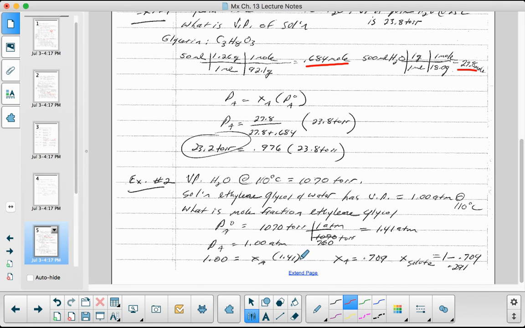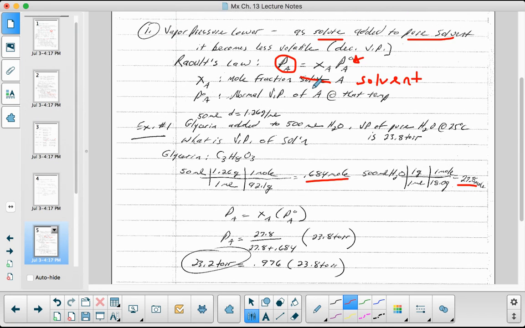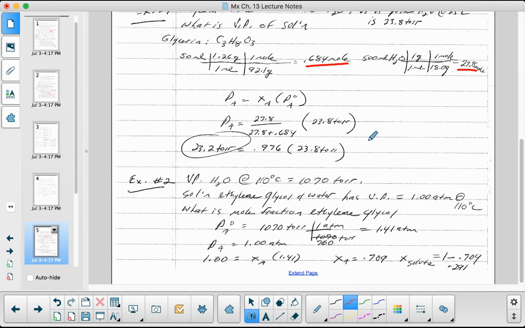Okay, so what I find here brings me back to what I was trying to explain up here about whether or not you're finding the solvent or the solute when you're using this equation. So what I'm finding now is the mole fraction of my solvent in this scenario, okay?